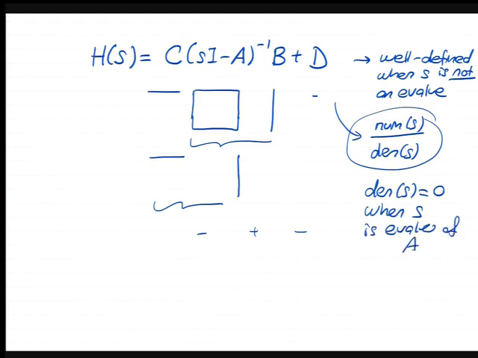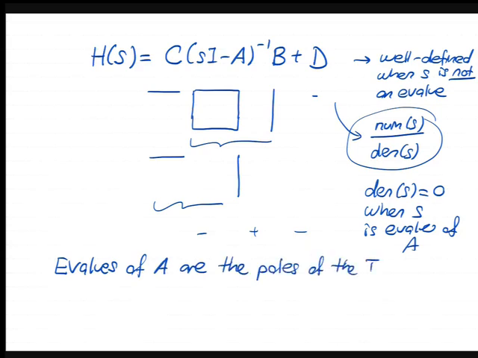Okay, so they are both ill-defined for some values of s, and those values of s in one view are the eigenvalues of A, in the other view they are the poles of the transfer function. So an important conclusion from this is that the eigenvalues of A are the poles of the transfer function. I'll just write TF for transfer function.